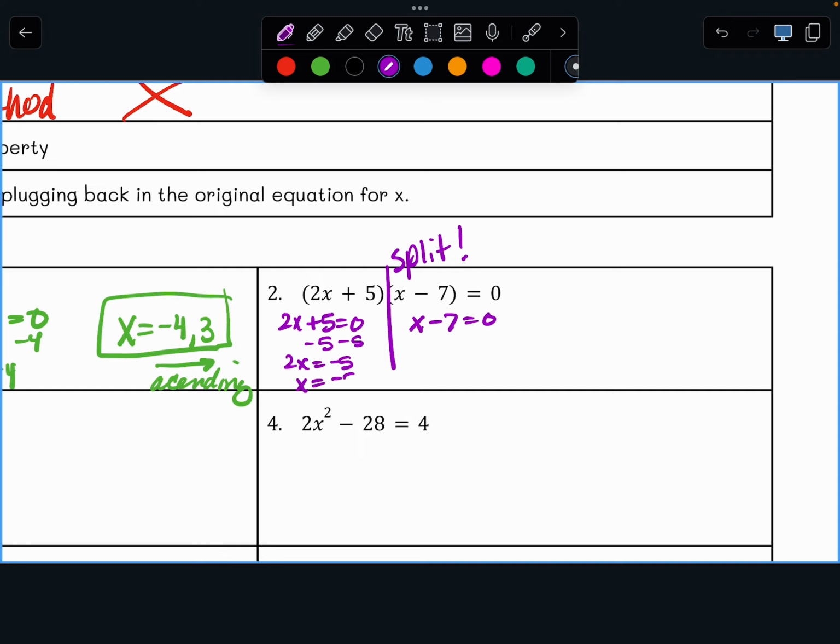So x is negative 5 over 2. Plus 7, x is 7. So x equals negative 5 over 2, or 7. It's okay if you get an ugly number. You don't have to do anything with it except write down 5 divided by 2. Because you're not going to have to plug it back in, because I'm just trying to prove that it's 0.